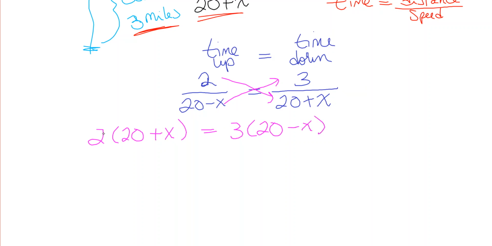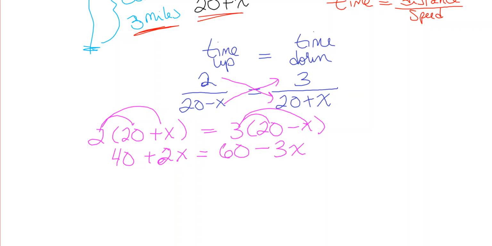So I'm going to distribute my 2, distribute my 3. In this case, I'm going to get 40 plus 2x on the left side, equal to 60, because that's 3 times 20, minus 3x. Now I just need to combine like terms.